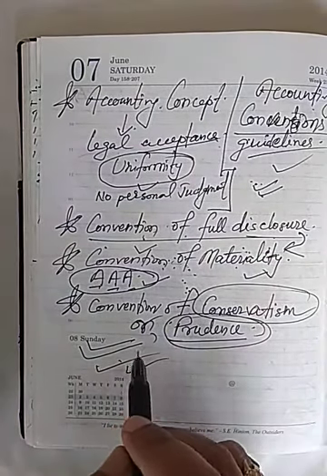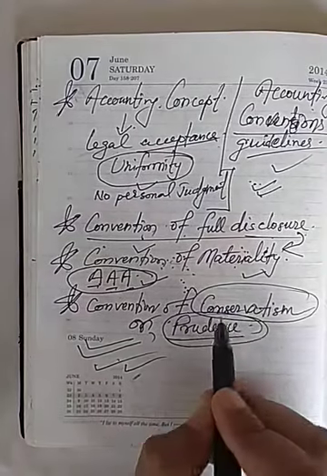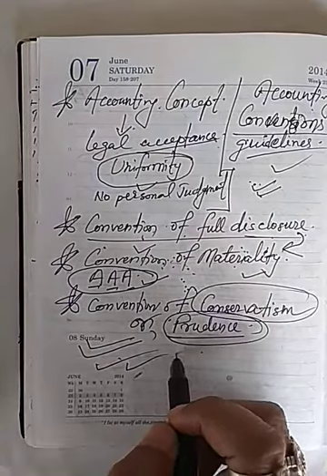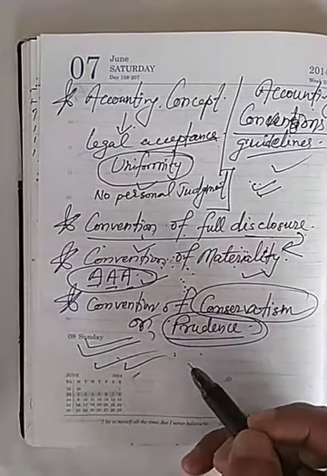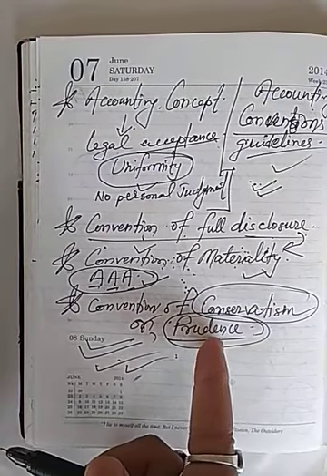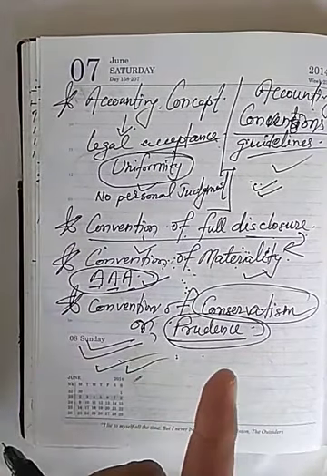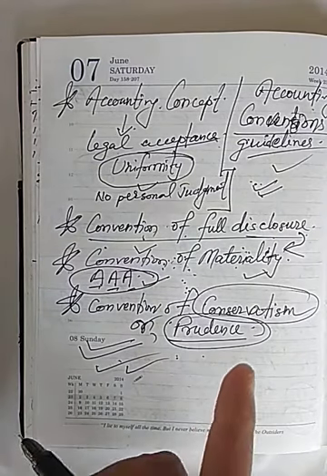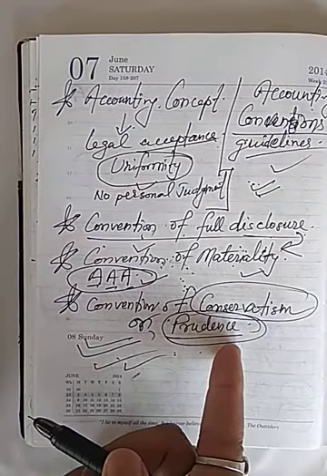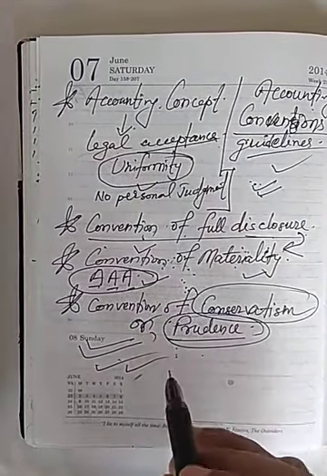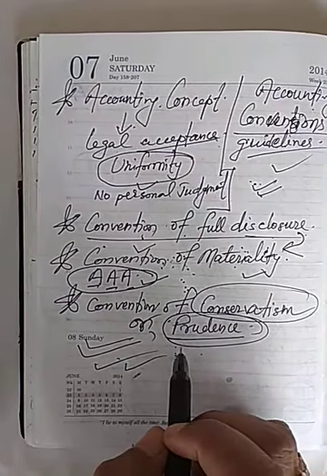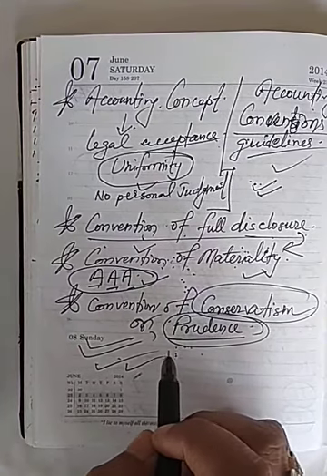According to this convention, all anticipated losses should be recorded in the books of accounts, but all anticipated or unrealized gains should be ignored.